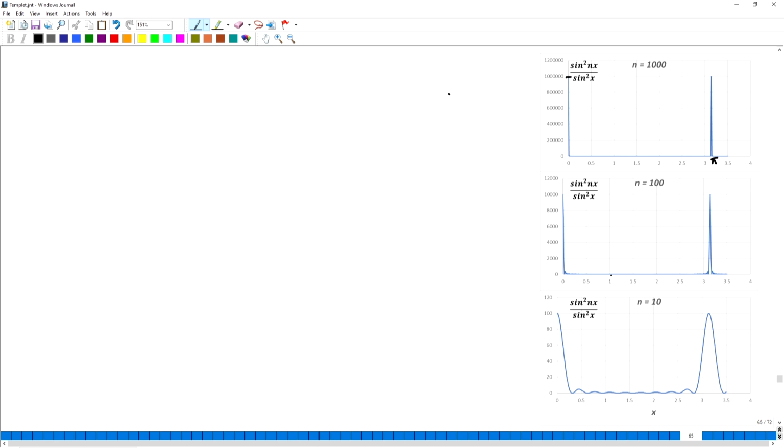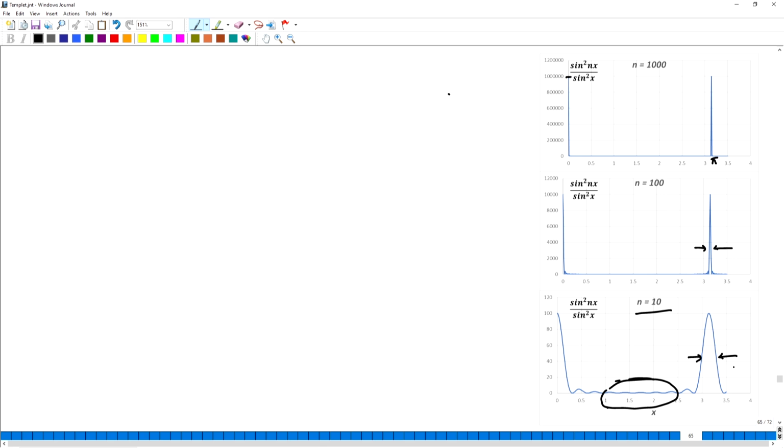If I change the value of n, I reduce the number of scattering centers, then also the function remains more or less 0 everywhere else except for 0 and pi, but you can see that there is a slight bit of broadening of the peak. If I even reduce it further to n is equal to 10, then you can see a significant broadening of the maxima, and even in this region there will be what are called as subsidiary maxima, but they are still quite small.